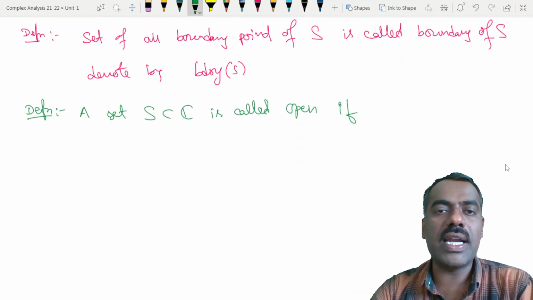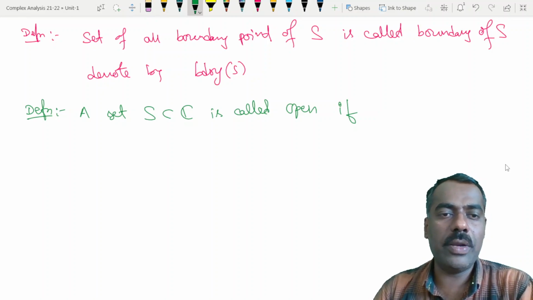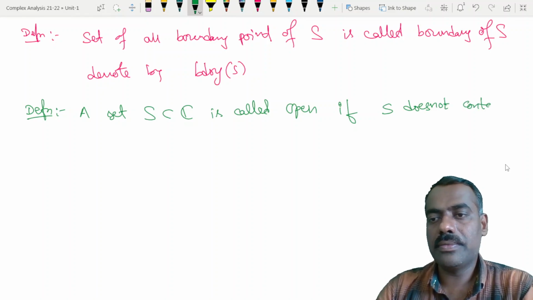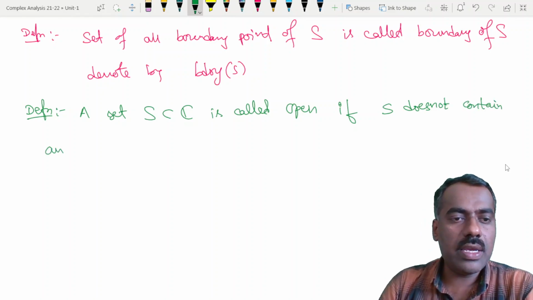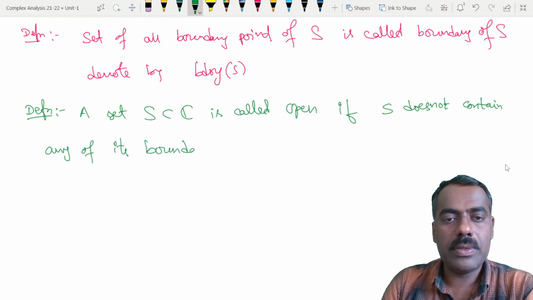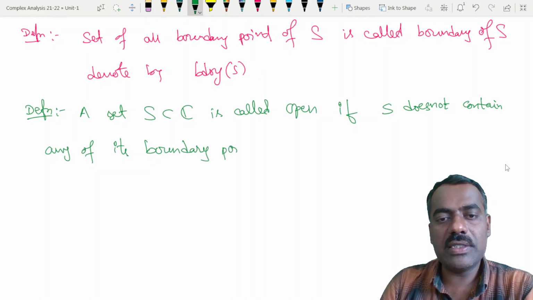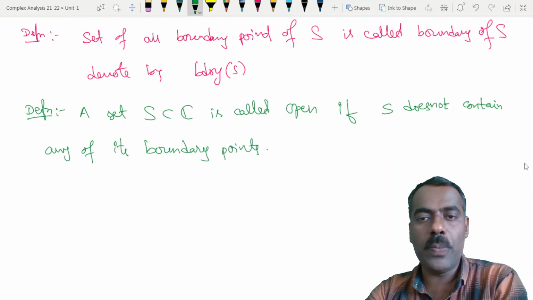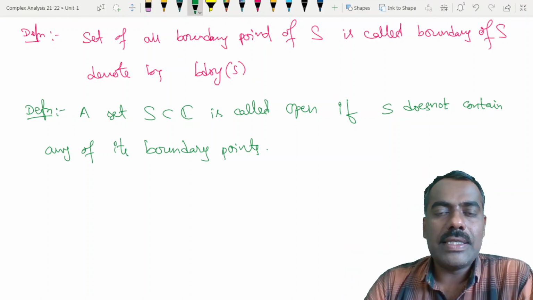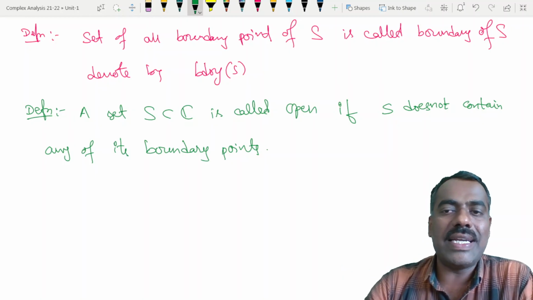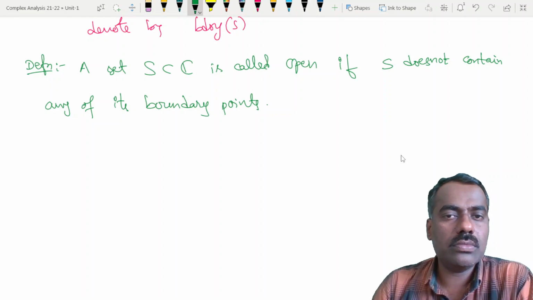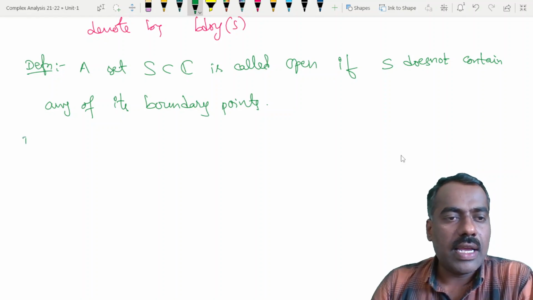That means S should not contain any of its boundary points. Is the definition clear? What is meant by saying that a set is open? You should know what its boundary points are, and those boundary points should not be in that set. Yes or no?